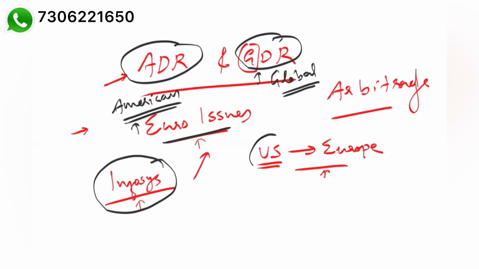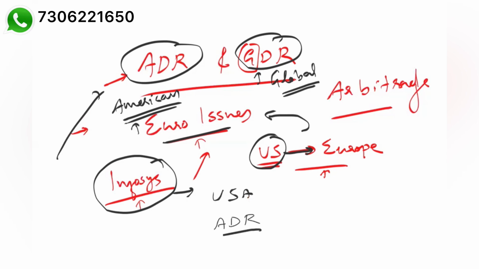It was started by the US for issuing securities in Europe, hence the term. If you're going specifically with the US, for example Infosys issuing its securities in the USA, then it is called ADR. So let's get into the details.